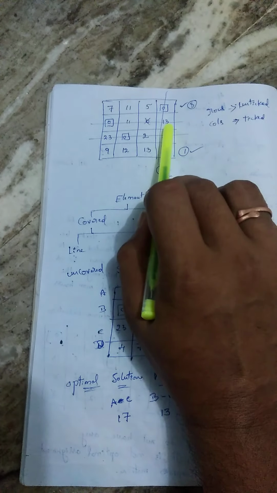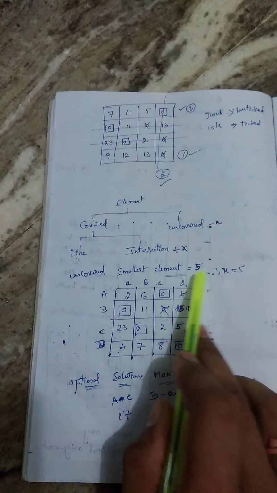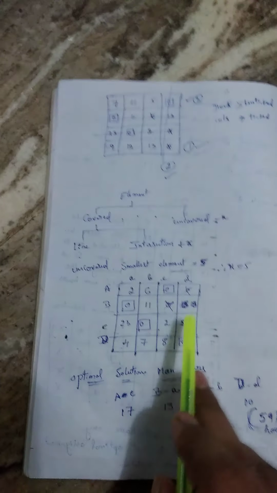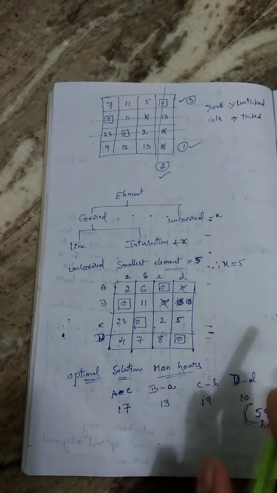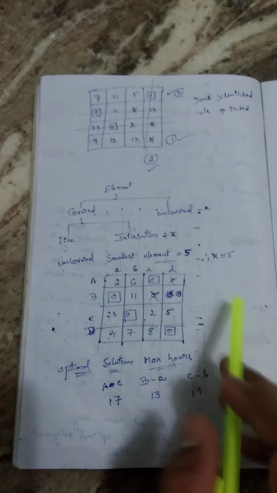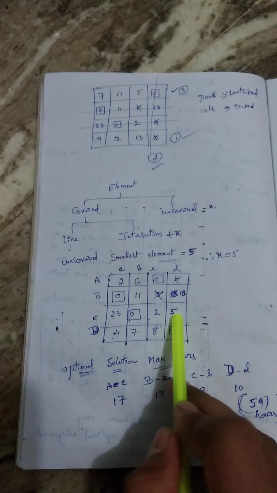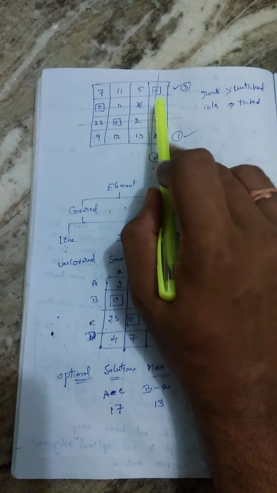We are adding the uncovered smallest element to the intersection element. 13 plus 5 gives 18. The rest of the elements stay the same. For the third row, fourth column, the 0 case, we also add 5: 0 plus 5 gives 5. We only add to the intersection elements, 13 and 0.